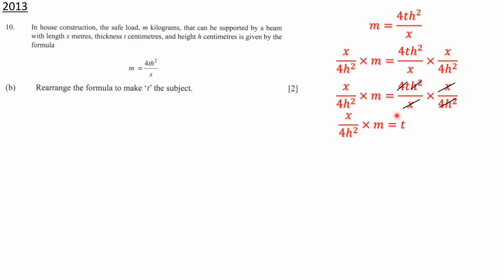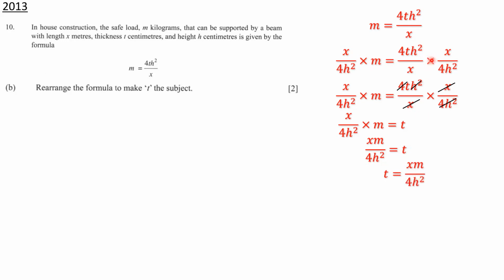And what is x over 4h squared times m? We just multiply the x and the m. That gives us xm all over 4h squared equals t. And so that means that t is equal to xm all over 4h squared. And so that's what we do.